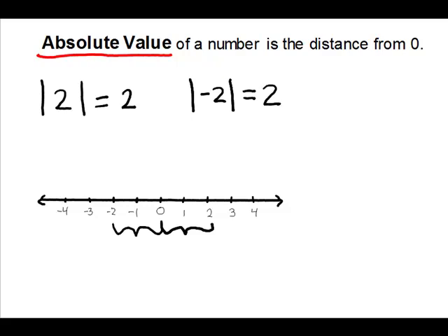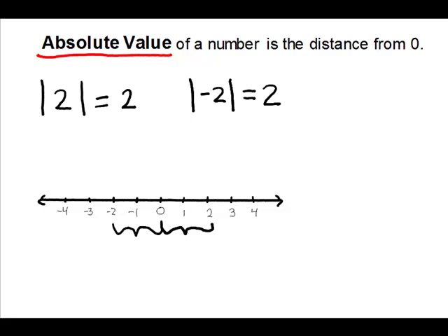If we think about absolute value of different numbers, the definition is distance. So it doesn't matter which side it's on, it only matters how many spaces there are. So if we only have an absolute value symbol, with no other signs outside, we're going to get a positive answer because it's distance.